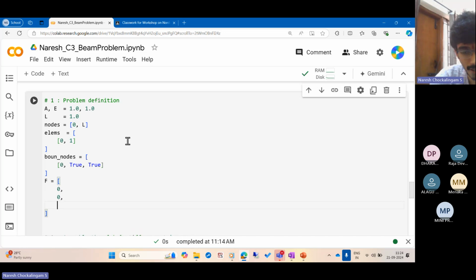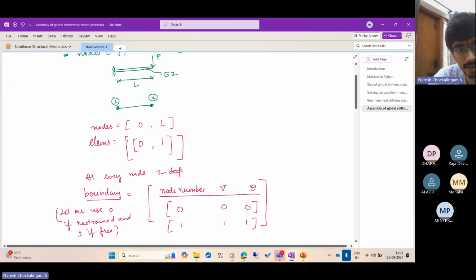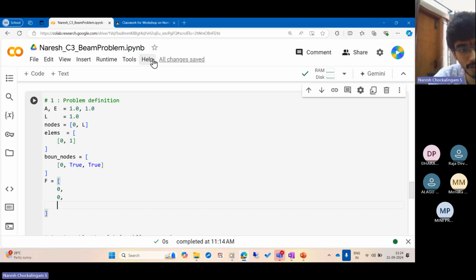Okay, what is F2? Here for F2, there is a force of P applied downwards. So F2 is minus P, and M2 is 0.